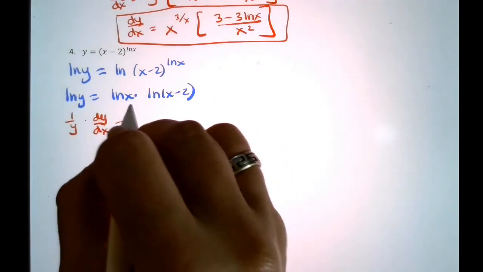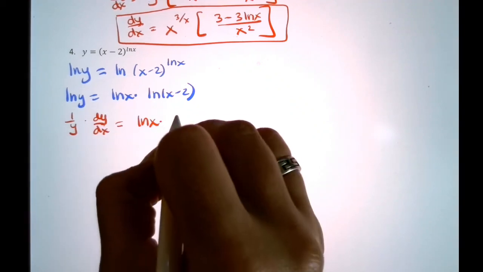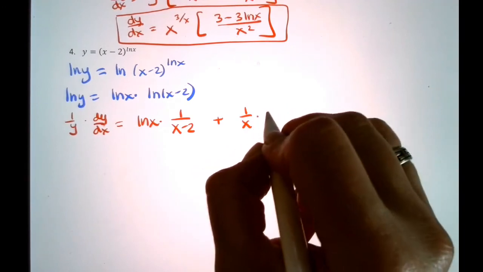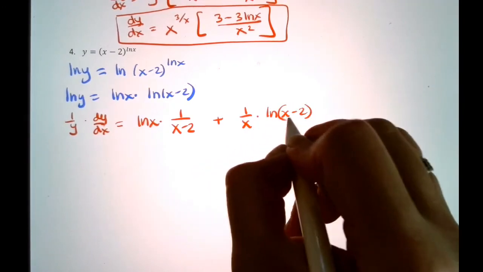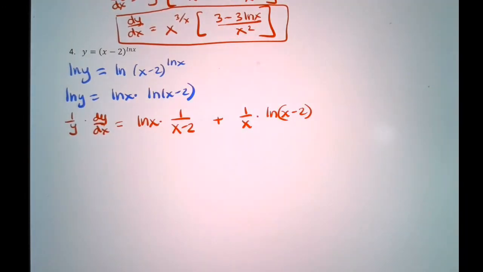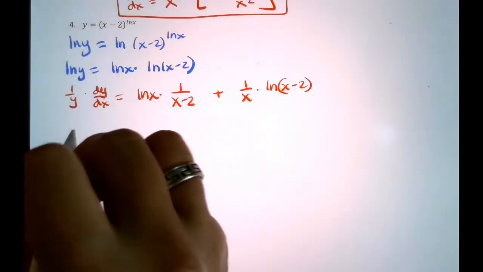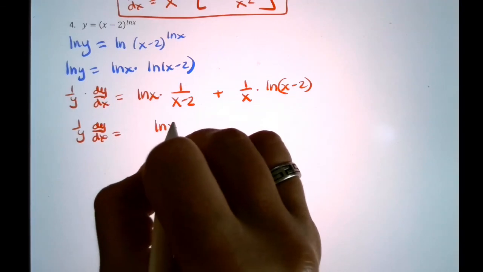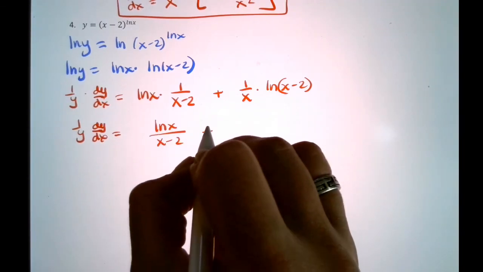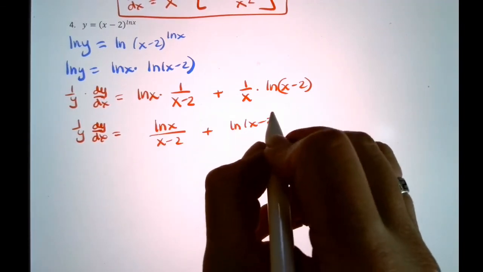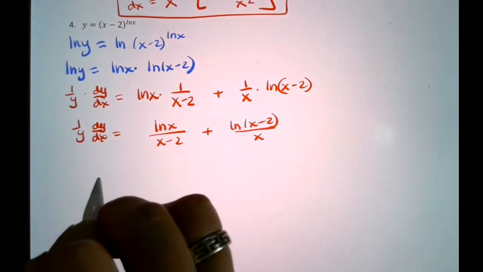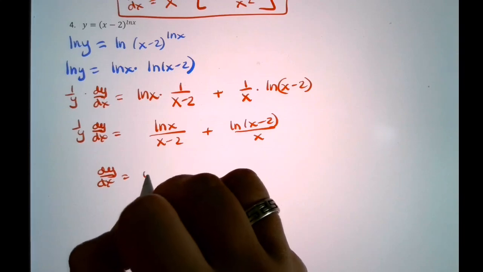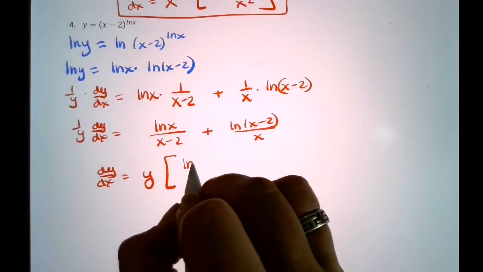So I'm going to do first times the derivative of the second plus the derivative of the first times the second unchanged. I think I will regroup. Because I like to. And I want this to say dy dx equals, I'm going to slide that y over.